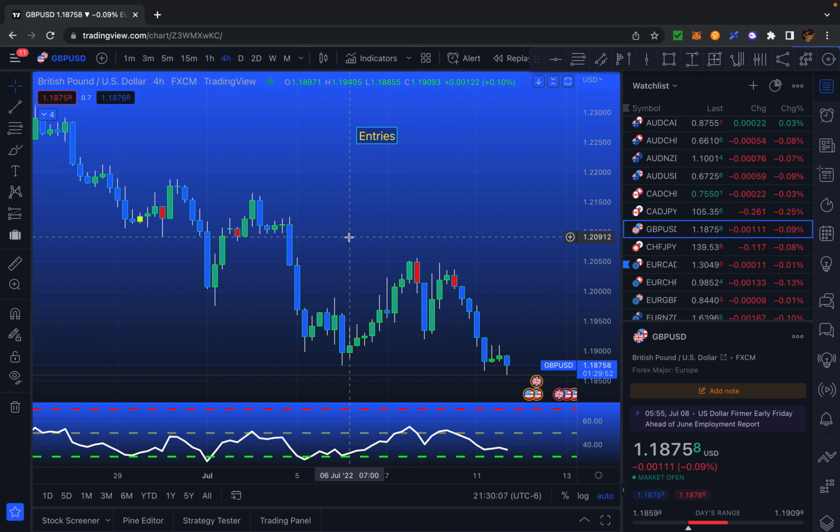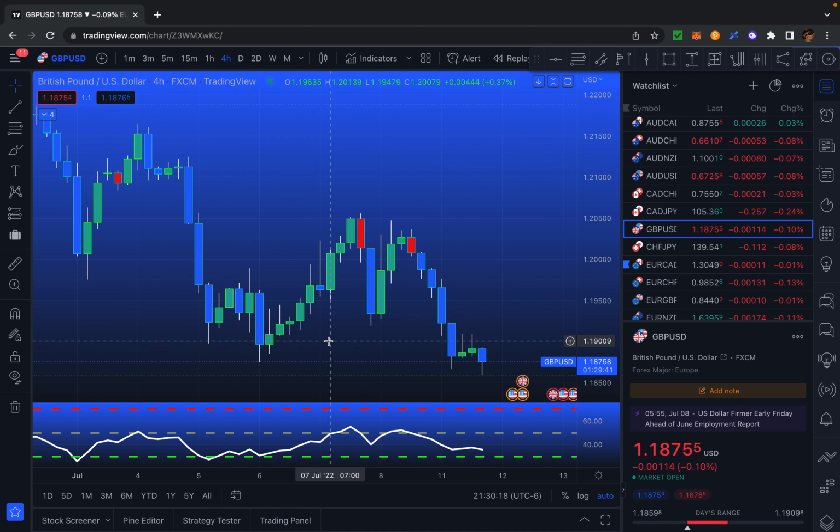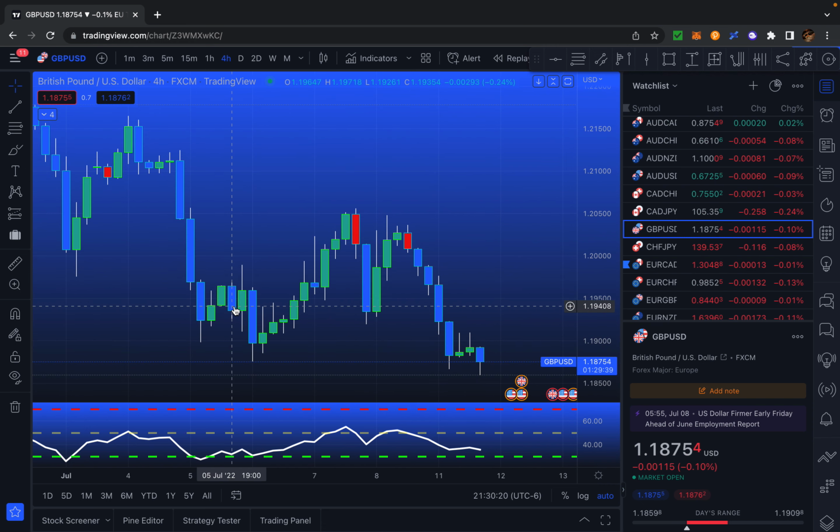Let me give you a quick example here. This is GBP USD on the 4-hour chart. If I want to trade this chart right now, live chart right where it is, and I were going to take an entry for a buy, the market is selling off hard here, pulls back, sells off even lower, and we put in a lower low.